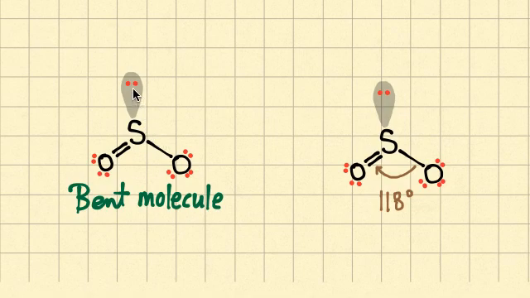Let's see. Oh yeah, so I got a lone pair on the sulfur. This is a resonance here between these two. Not flipping back and forth, kind of smeared amongst both of them. And the lone pair repels the bonding pairs even a little bit more than they repel each other.